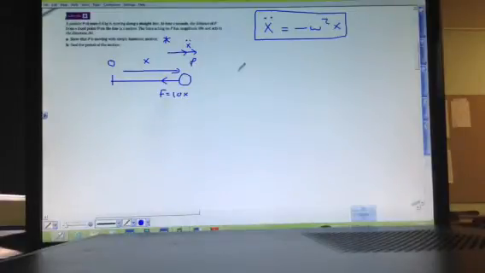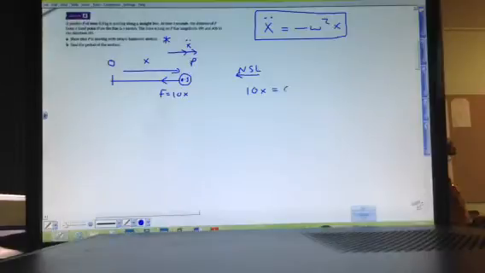So the formula using Newton's second law states that, and I'm going to say it's positive in that direction. It doesn't matter. So force, which is 10x, is equal to mass times acceleration.